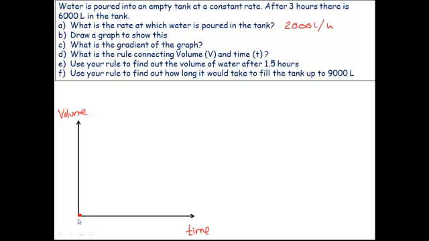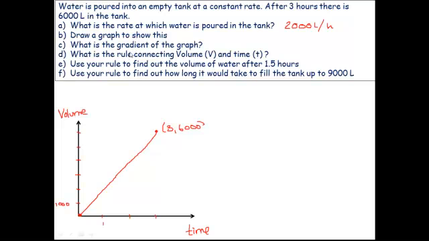And we know that after 3 hours, so we'll just go 1, 2, 3, we've got 6,000 liters in the tank. So we'll just mark here 1,000, 2,000, 3,000, 4,000, 5,000, and 6,000. So this point here is our point 3 and 6,000. Okay, because we know it goes through the origin, we can just draw a line like that.